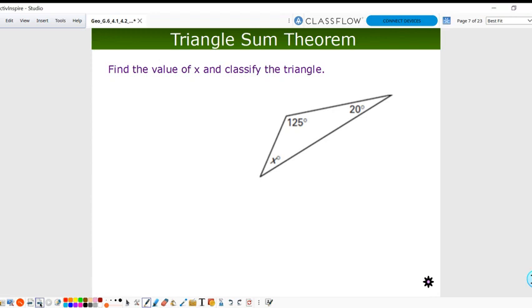So if you know that theorem, you should be able to find the value of x and classify the triangle. We know all 3 have to add up to 180.